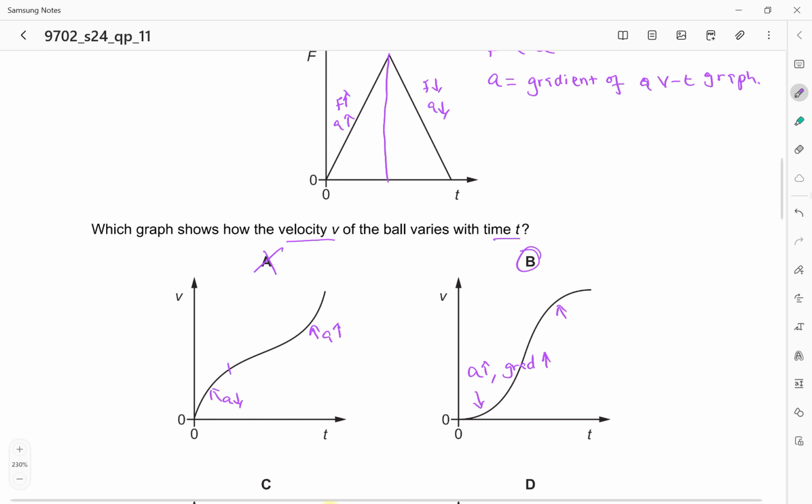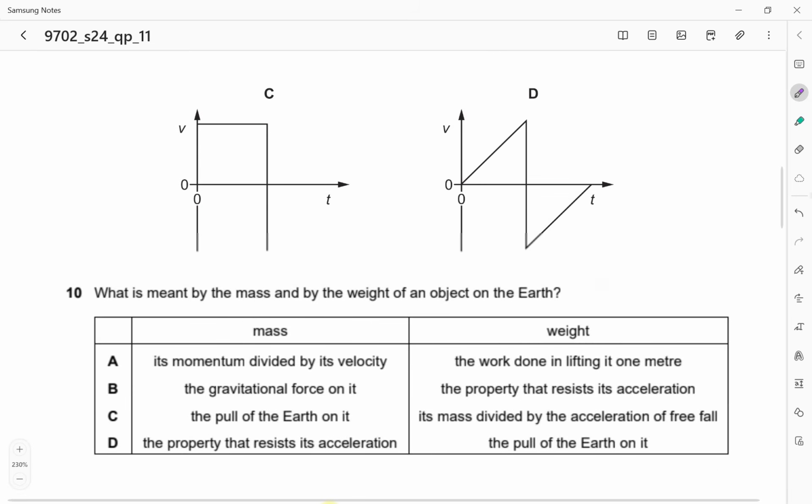Then here we see that the line has become horizontal, so the acceleration is decreasing because the gradient is decreasing. And of course, when F equals zero, the acceleration is equal to zero, so the gradient should go to zero. That's why we have a horizontal line here, which shows acceleration is equal to zero. So the answer is going to be B.